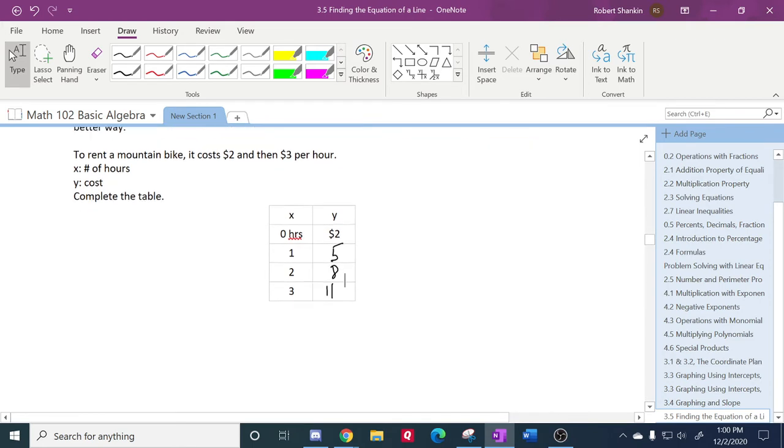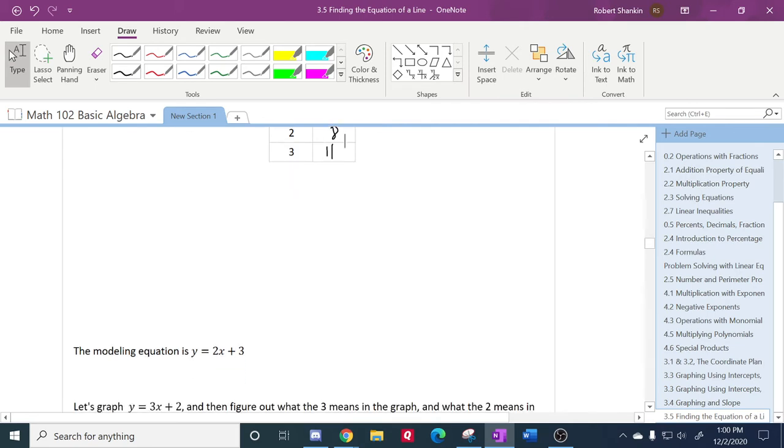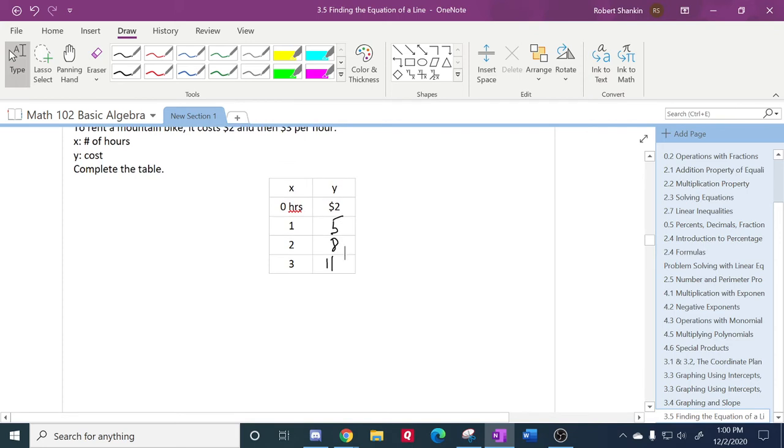The modeling equation for that is y equals 2x plus 3. Let me just demonstrate. When x is 1, you get this 5.